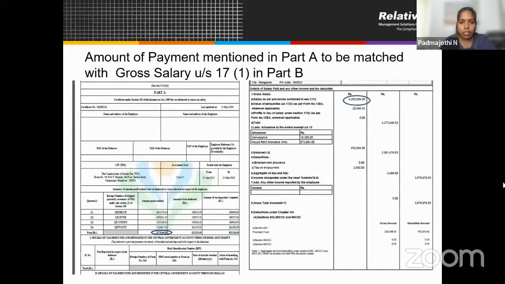Here, I have mentioned the different cases. Some employers will match the amount of payment mentioned in Part A with the gross salary mentioned in Part B. This is one case. The next case is they will match the amount of payment with the gross salary under Section 17(1). They will not match the whole total. That is the second case.